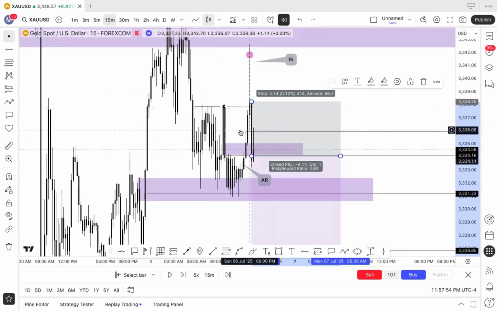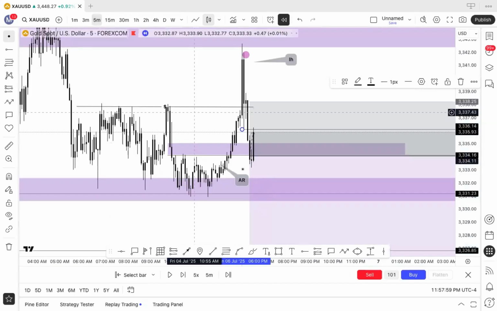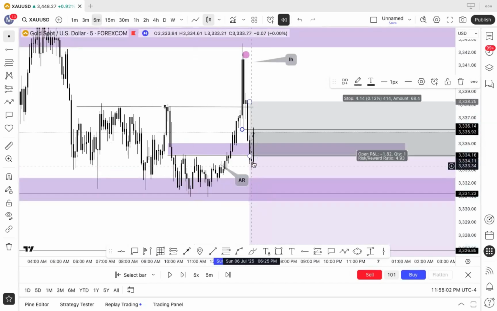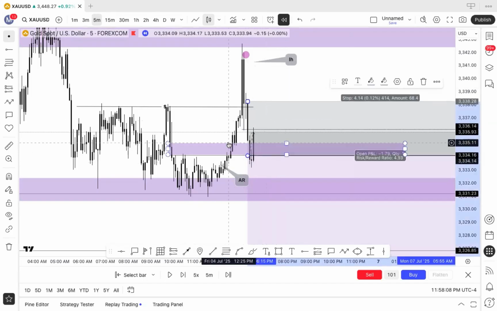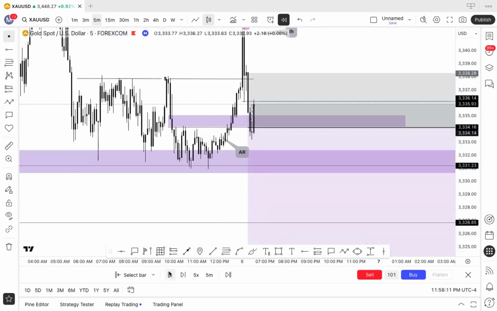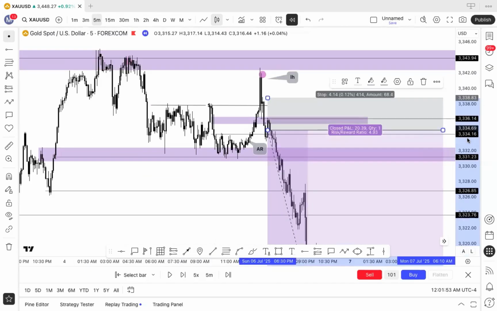Even on the 15-minute, this wick here was just tested. That's how we saw it. But you would already have been waiting for price to approach it in the area. So you would market execute in this area. And then all you're doing is just letting price do its thing, right? And then you just caught a beautiful trade.